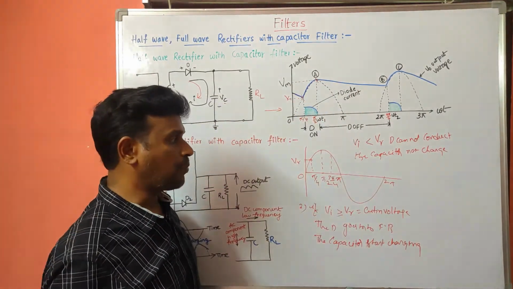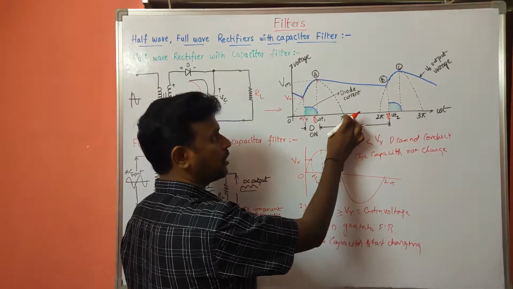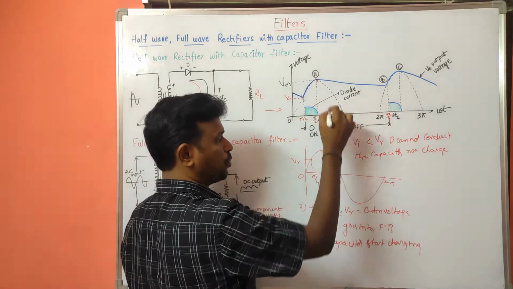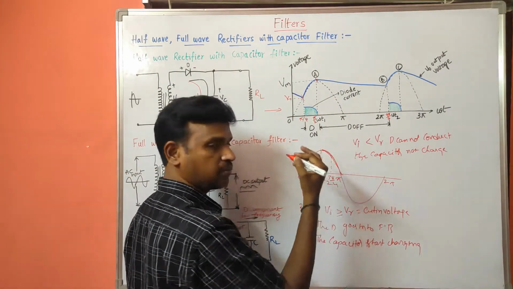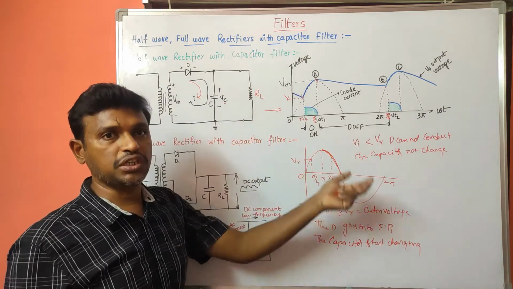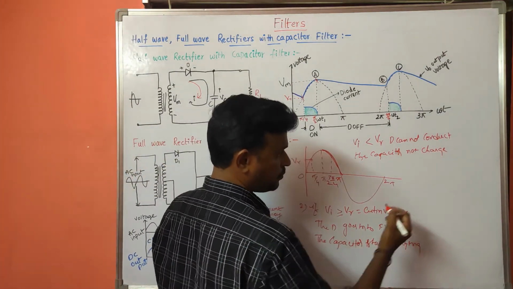Okay, now what happened here? After pi by 2 to pi, gradually the input voltage is decreasing. The input voltage is decreasing, so what happened to the diode voltage?